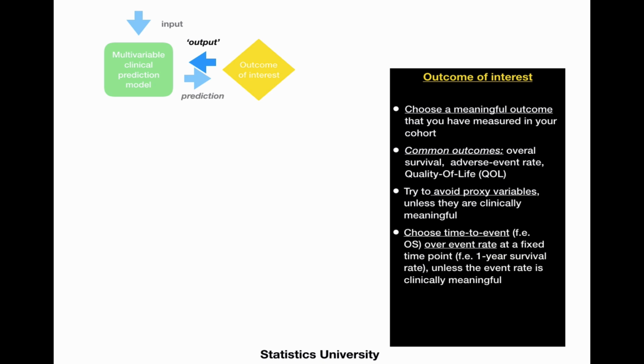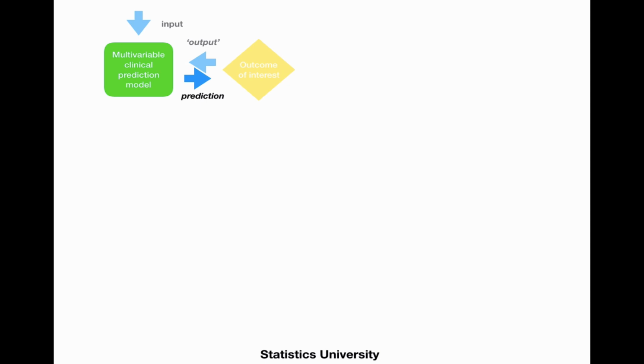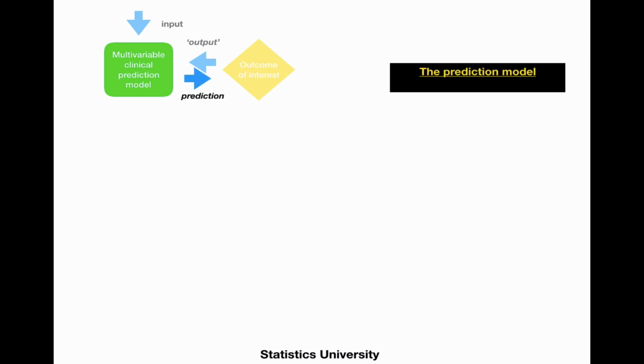Choose time to event outcomes, for example overall survival, over event rates at a fixed time point, such as a 1-year survival rate, unless the event rate is clinically meaningful, since you're throwing away precious information. We haven't discussed it in this course since it's a more advanced type of analysis, but clustered and longitudinal data require special analyses.